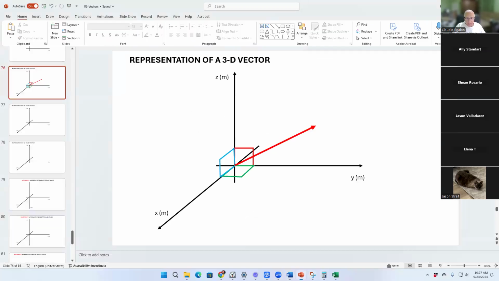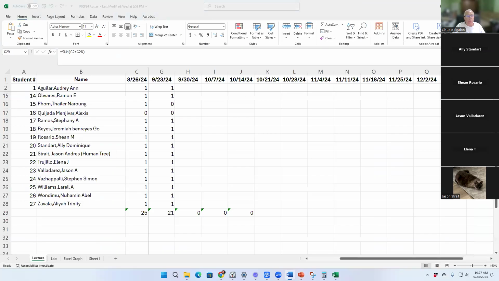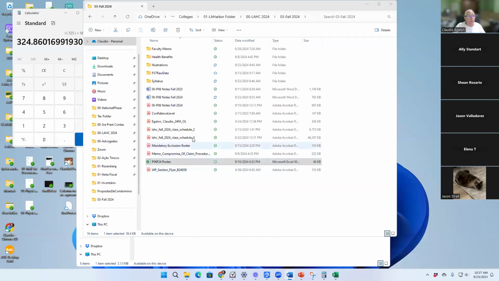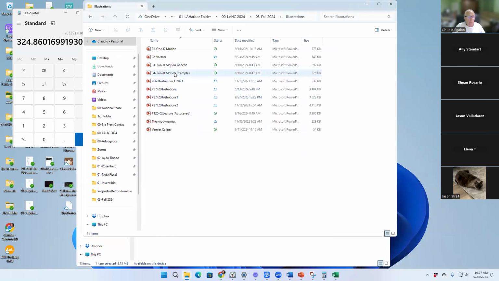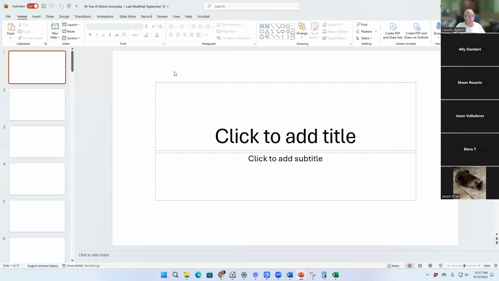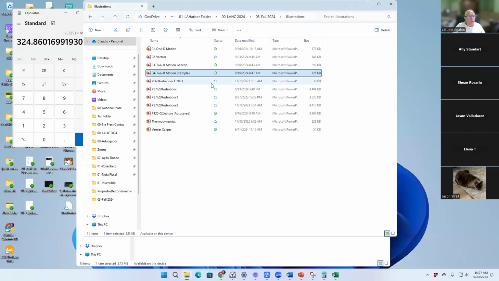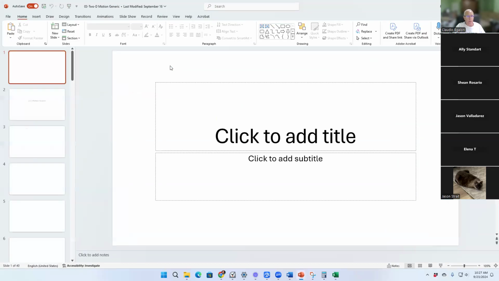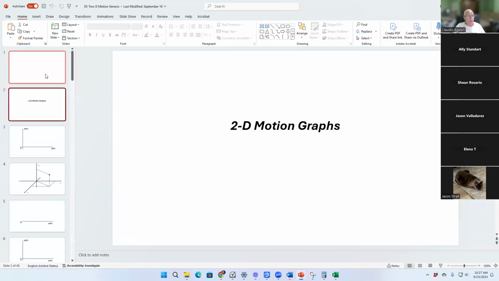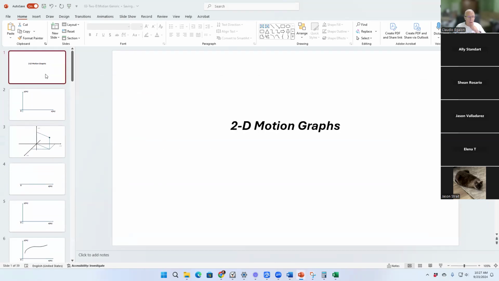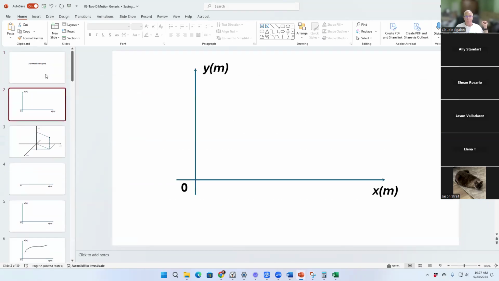Let's take a look at the illustrations as well. So I'm going to illustrate all those quantities here. The 2D motion graph.